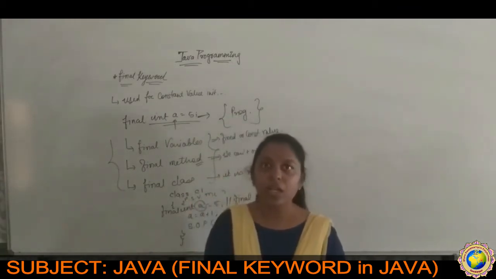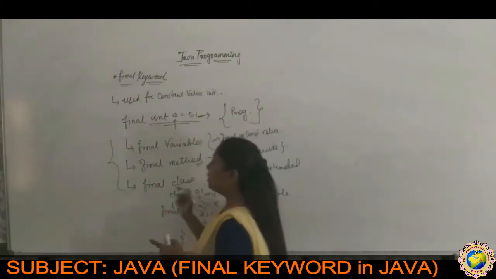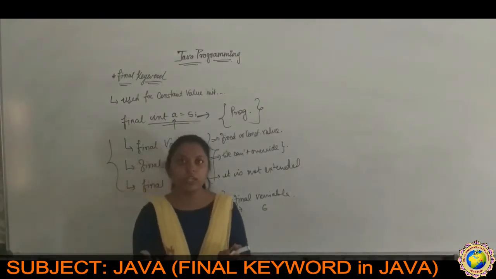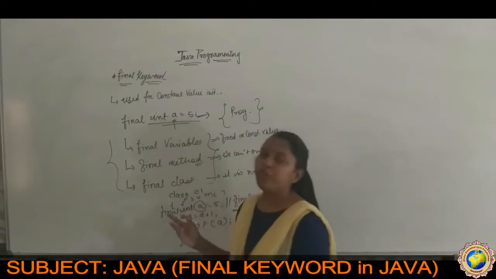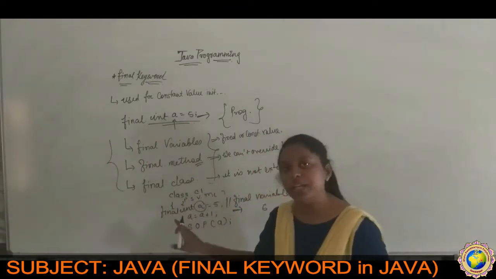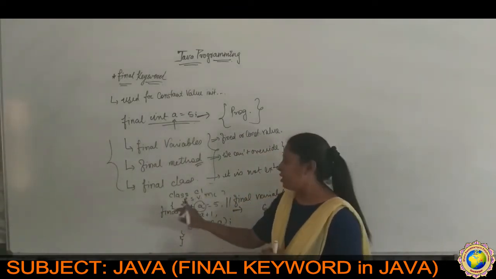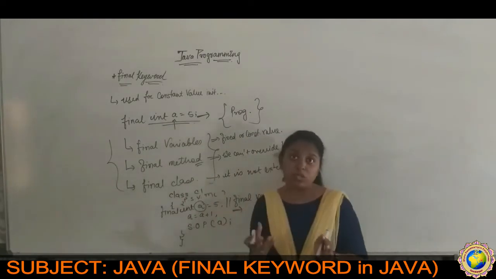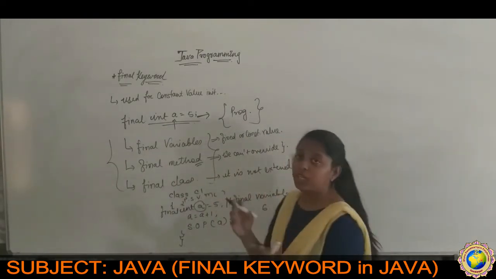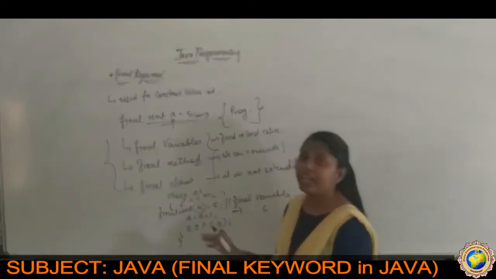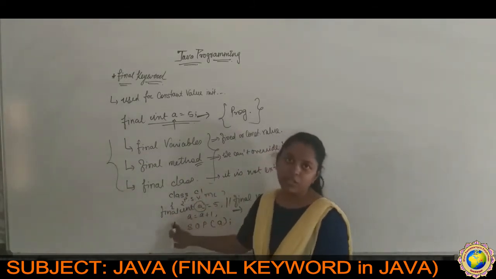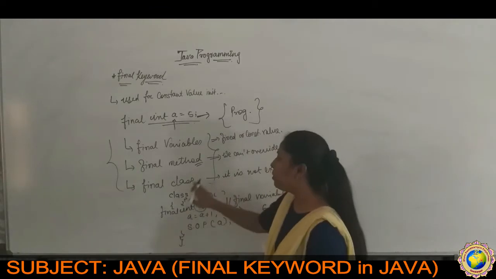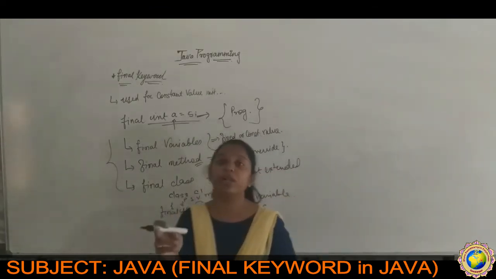Then gravity g is 9.8. This type of value we have to consider as final. Suppose you want the value of a = 5 in the whole program, then you can also use final. So this is about the final variable.